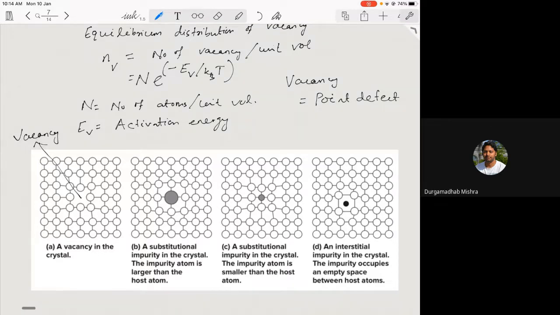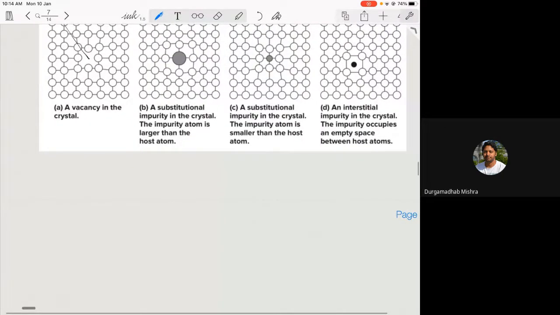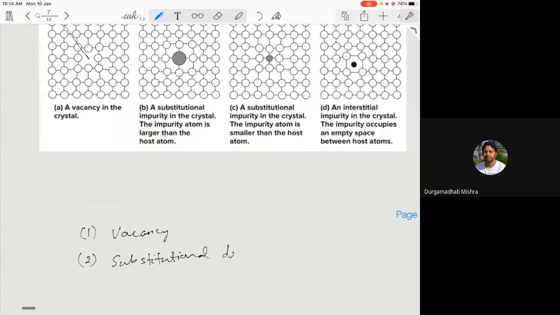You can also have another kind of defect. So one is this vacancy. Then you have a substitutional defect.